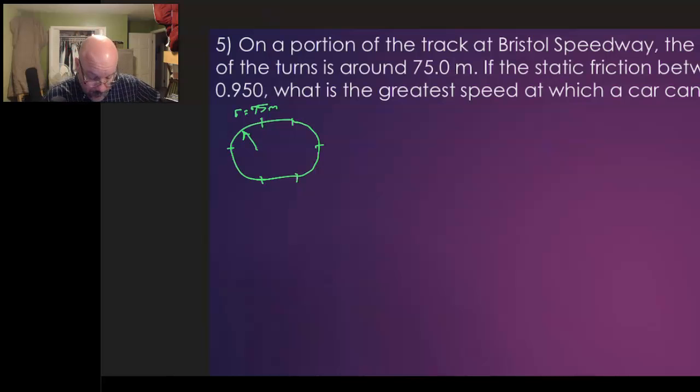Then if we look at this thing from the side, let's suppose we've got our car over here somewhere on this track. It's banked like so, and the car is sitting on there like this. And then this angle here, theta, does vary.